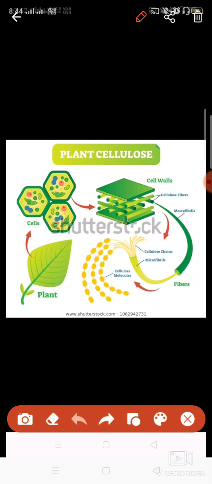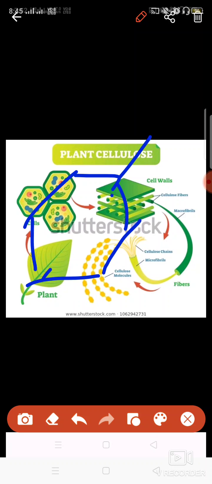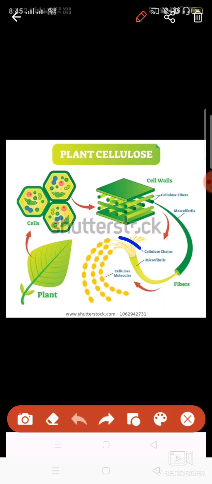Cellulose is basically a kind of sugar, like a glucose molecule. Many glucose molecules you can see here. This is one glucose molecule, this is one glucose molecule. These are held together by hydrogen bonds, and these form cellulose fibers, the microfibers.